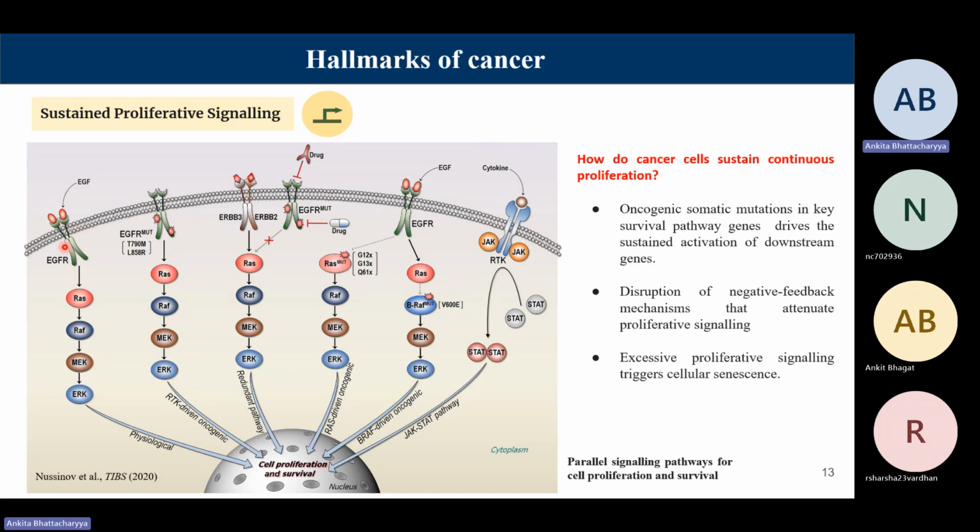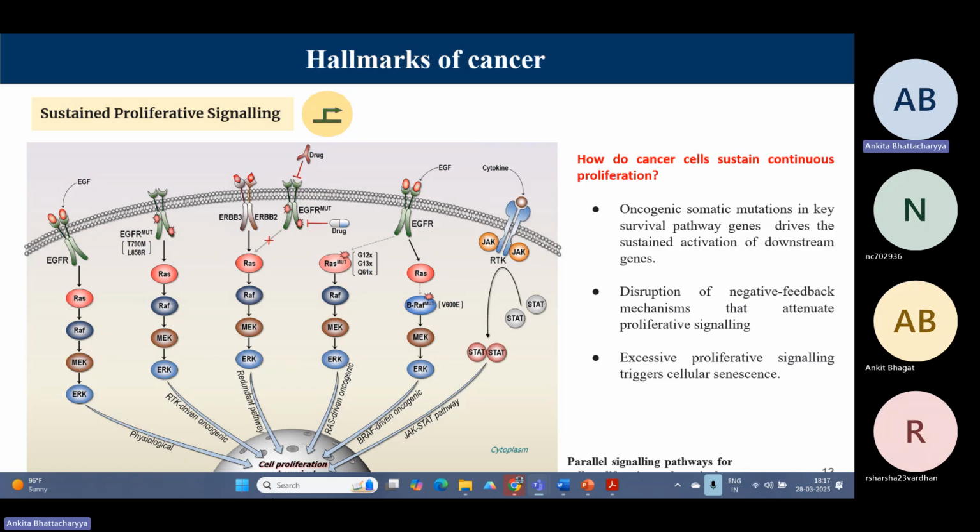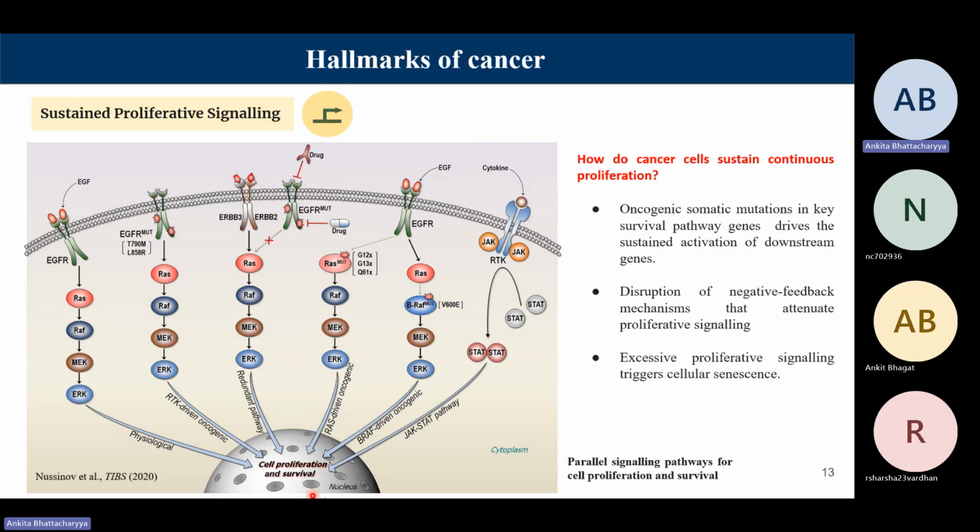So we understood how there can be physiological activation or physiological stimuli that aid cell proliferation and cell survival. There can be RTK-driven oncogenic events which drive these processes. By oncogenic events, we meant that there can be mutation in the EGFR protein, as a result of which it becomes insensitive to the binding of EGF towards the cytosolic site, and instead, via some intracellular signaling pathways, this protein becomes activated and that switches on the downstream activation pathway, leading to disease.